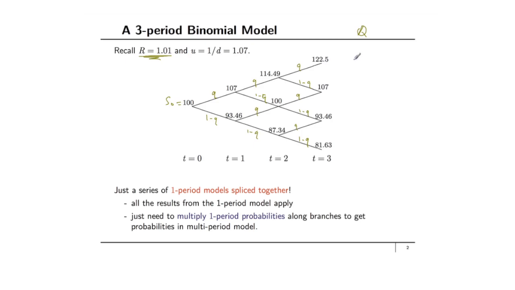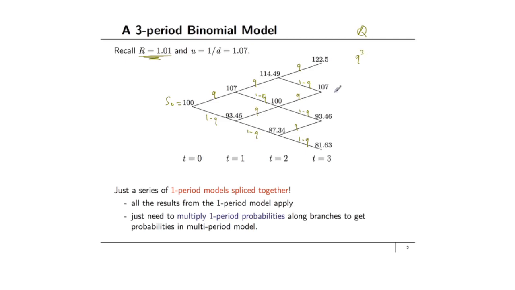So how about this point here? What is the risk-neutral probability of the stock price being equal to 122.5? Well, the only way the stock price can equal 122.5 is if the stock price goes up in every period. The probability of it going up in every period is Q times Q times Q, and that's Q cubed.